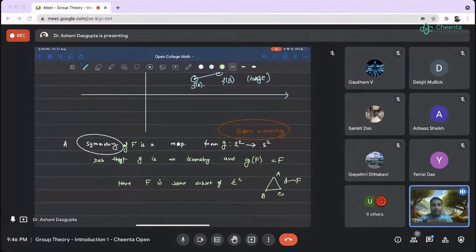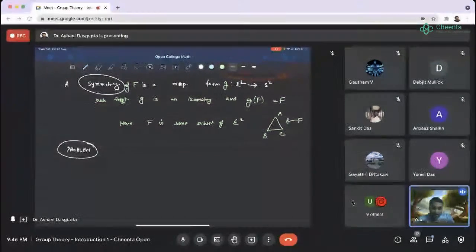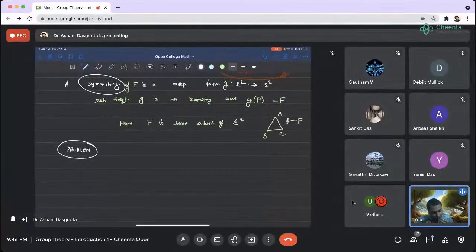Okay, so here is a beautiful problem that you can think about, and it is also in the class notes actually. Show that any isometry from R2 to R2, let's say E2 to E2, is always a continuous function.